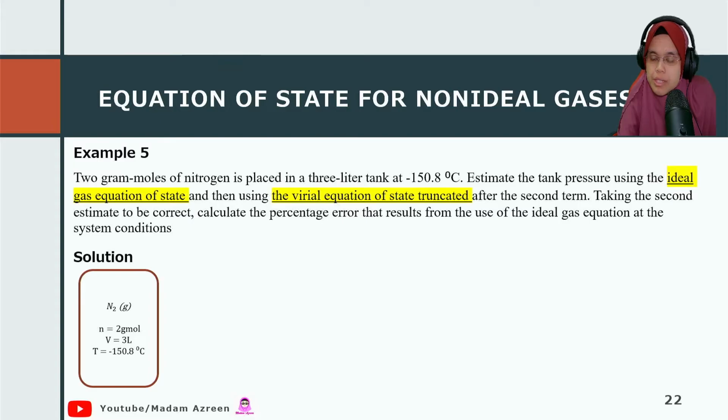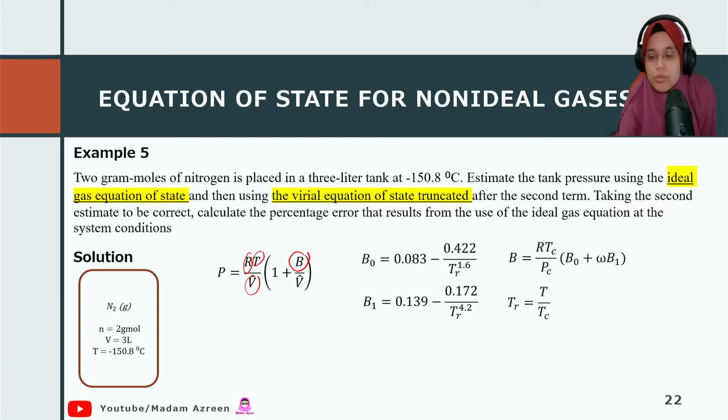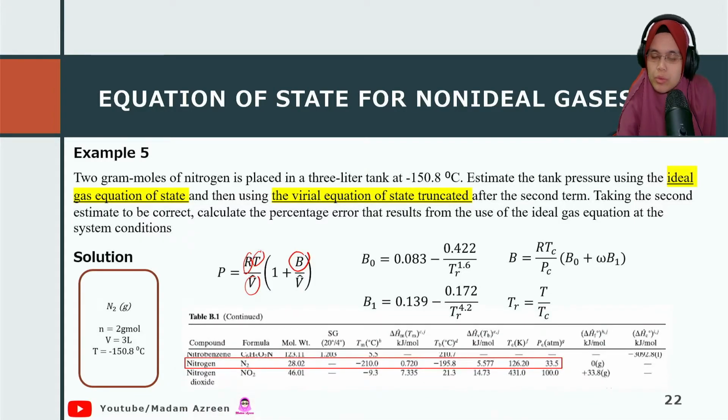The next thing to do is to calculate the value of pressure by using the Virial equation of state, which is this one. In order to solve for this, you already have all the other values, but you have to calculate the value of V, which is using this equation. The first thing to do is to go to this table B1.